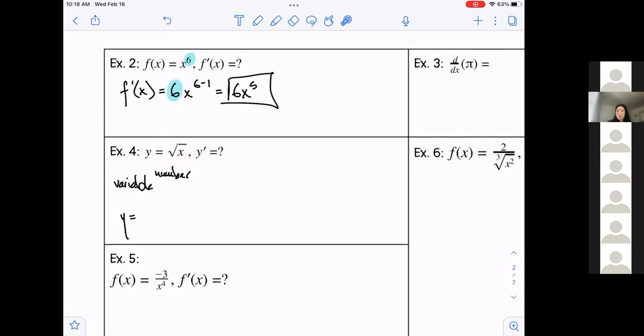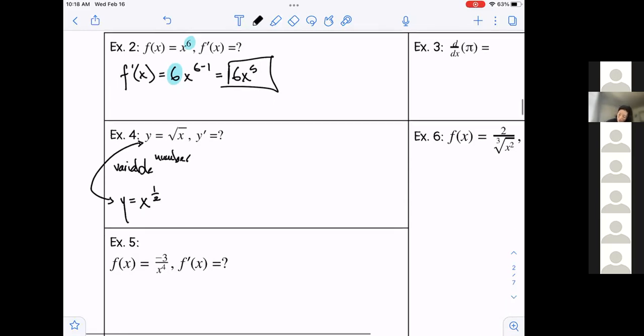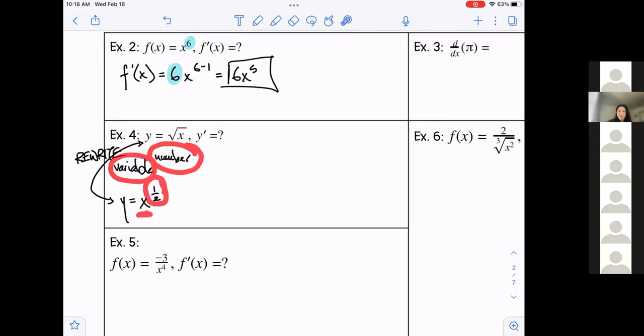Perfect. So y equals x to the 1/2 is the same thing as y equals the square root of x. I would consider this to be rewriting in a form that is useful, because now I have a variable, which is x, and I have the power as a number, which is 1/2.